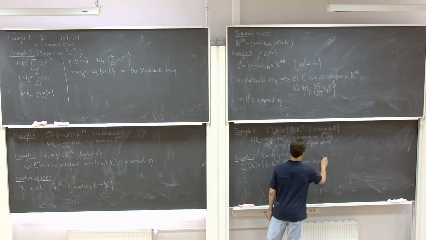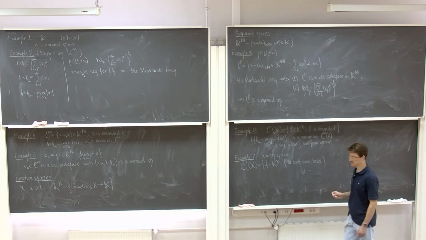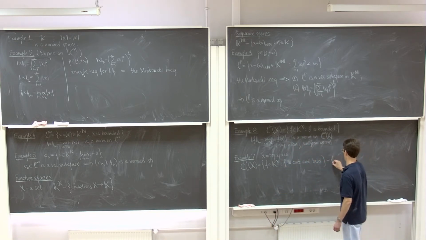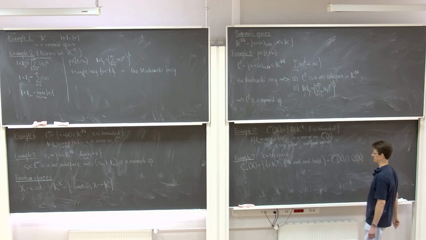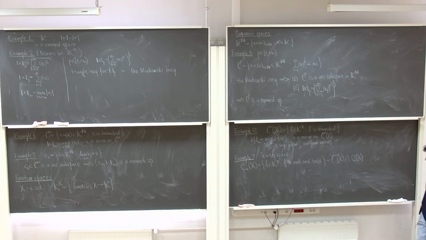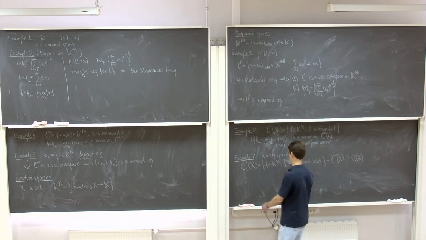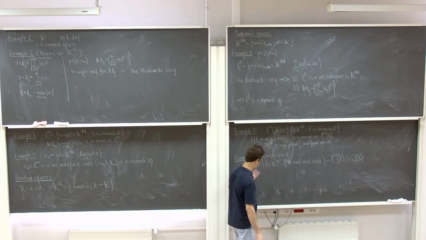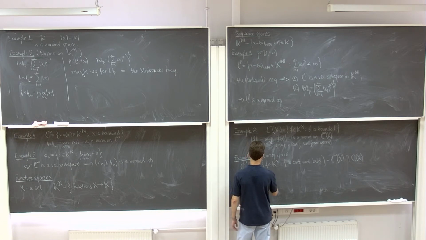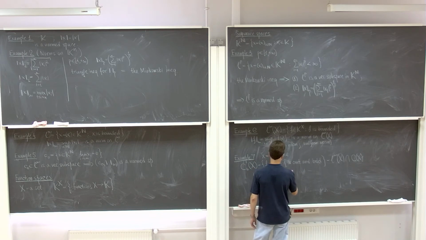So in other words, this is just the intersection of little l infinity of X with the space C of X of continuous functions. And since this is a vector subspace of little l infinity, it is also a normed space under the supremum norm.